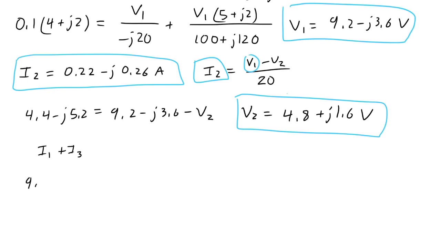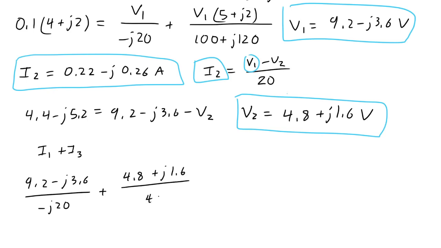I1 is 9.2 minus j3.6 volts divided by the impedance minus 20 or j ohms, plus 4.8 plus j1.6 over 40, which ends up being 0.3 plus j0.5 amperes, which if you write it in phasors, magnitude is 0.58 with a phase angle of 59 degrees.